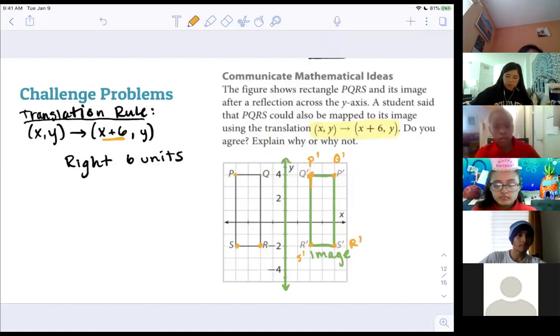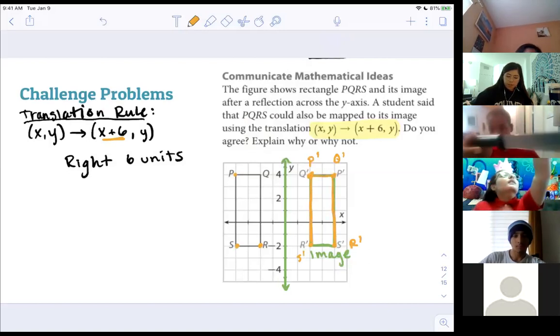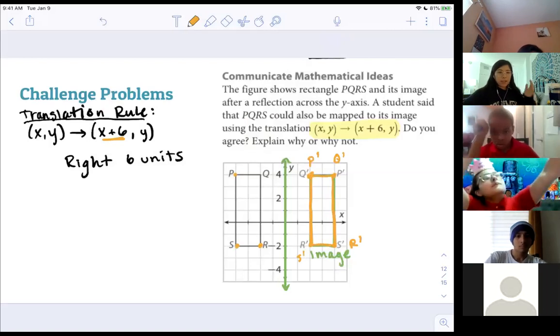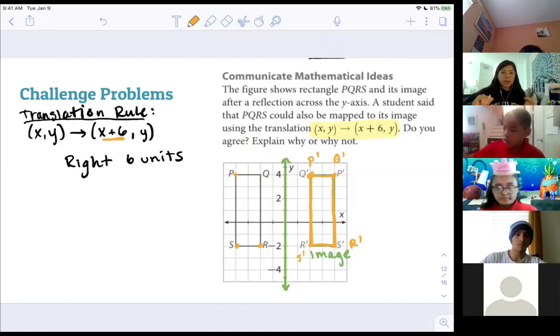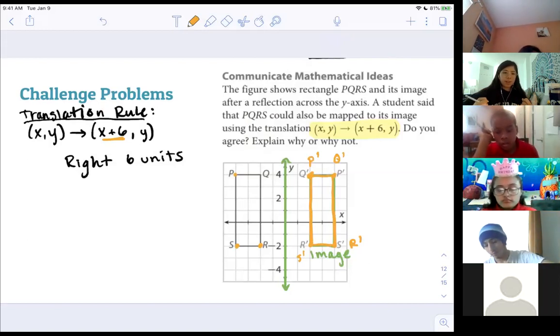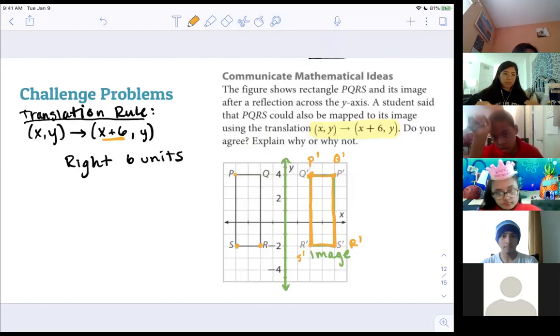So your new image, even though it looks like it's lined up, is a different image because the name of each point is different. P is not the same as Q. Even though they look like they're in the same place, we gave them a specific name and we have to stick to that name. So when P ends up on top of Q, that is not the same point.